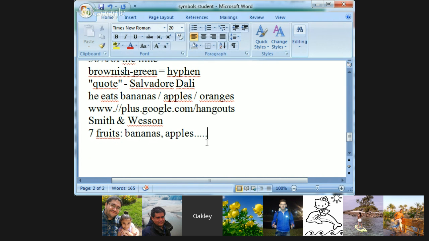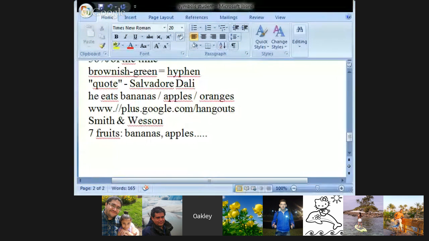So we can use it to show a list. It can also be used to show a description or possibly a definition of something.